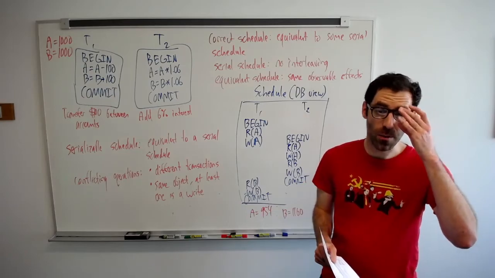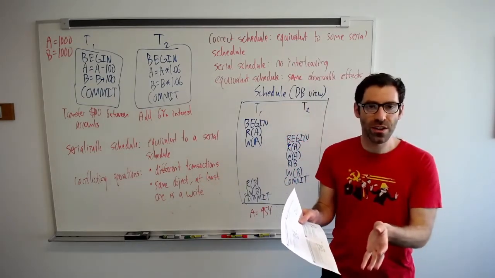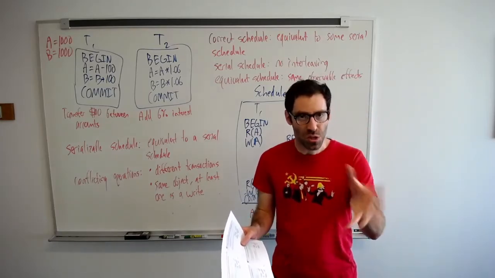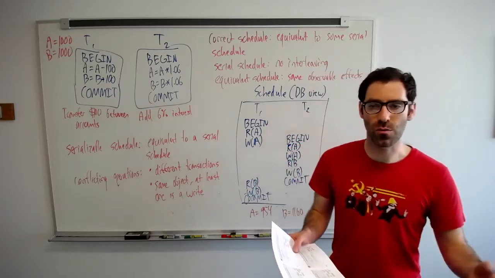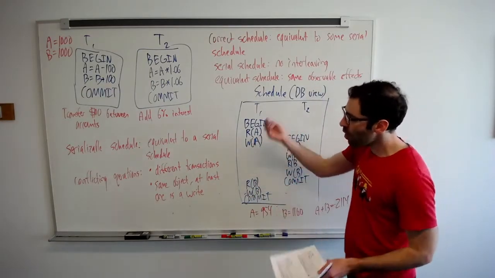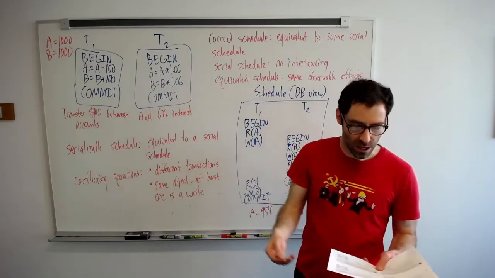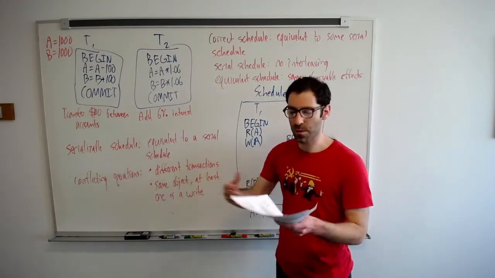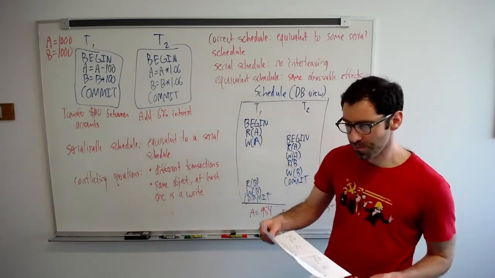As has come up before, if we have two concurrent reads of the same data, they both see the same data, and there's no issue having concurrent reads. But if we have a write and another write, or a write and other reads, then there's the potential for them to interfere with each other. So that's what we'll call conflicting operations.